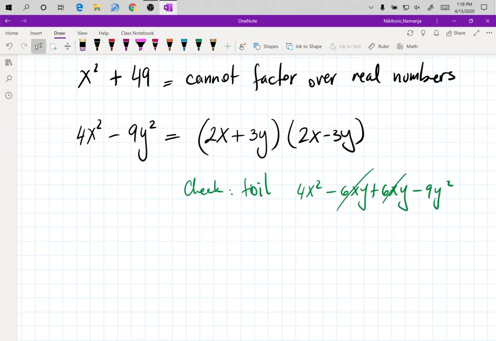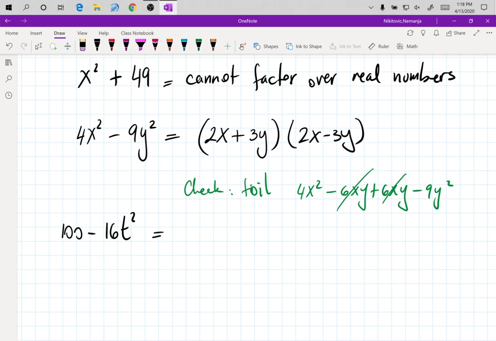What else do we have? Let's see some of the book problems. Here is one from the textbook. It says 100 minus 16t squared. Again, two subtracted perfect squares.